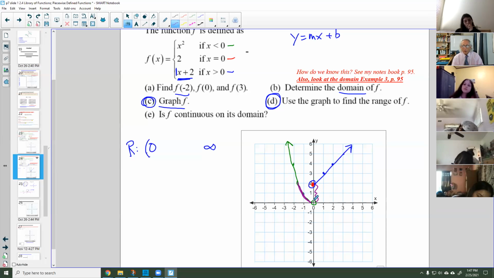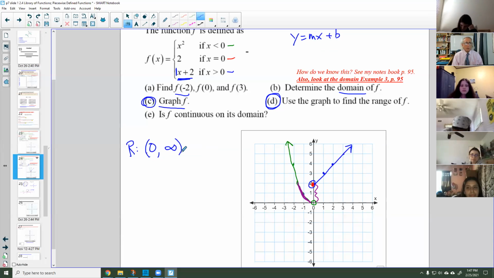Even though it looks like there's a gap in y values, this other piece of the function picks up for that. So the range of this function is actually from 0 all the way to infinity. No gaps, no unions. But you really have to look at the graph carefully to make that decision.